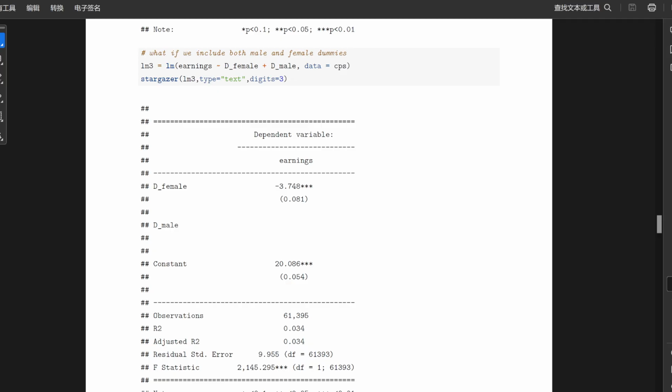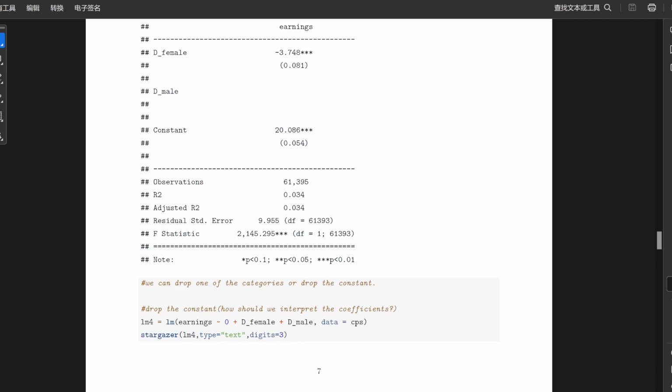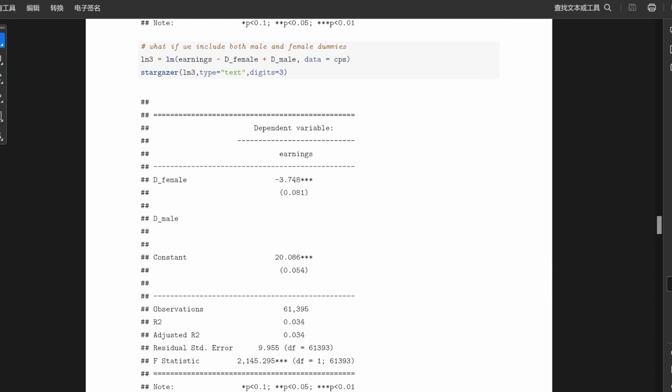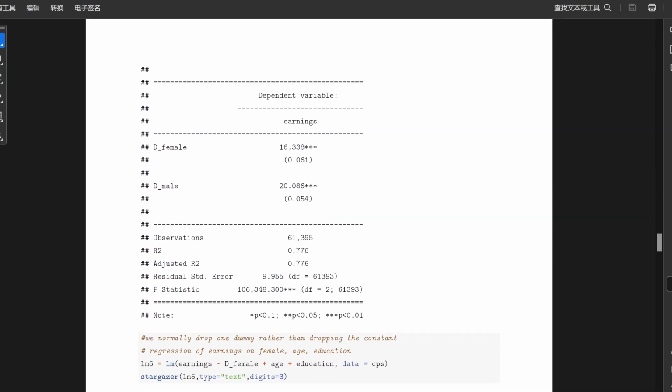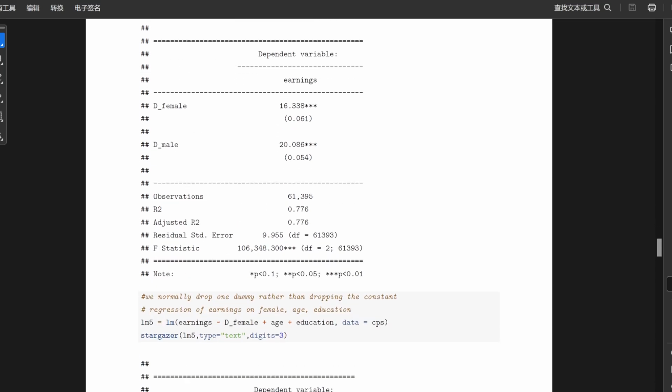So R will drop one dummy variable for you, to avoid perfect collinearity. And also you can add a 0 here, where we don't have a 0, to drop the constant term.